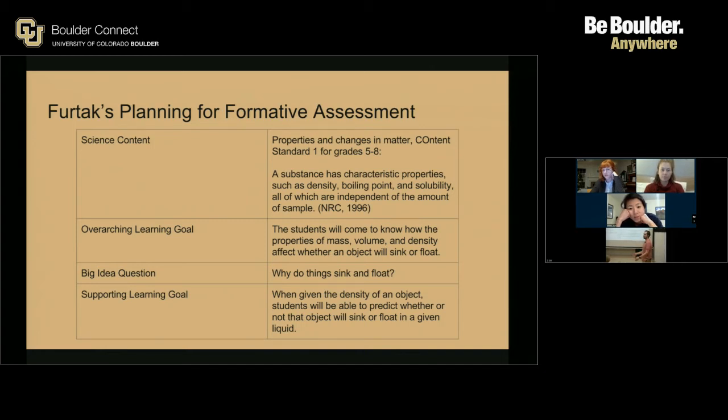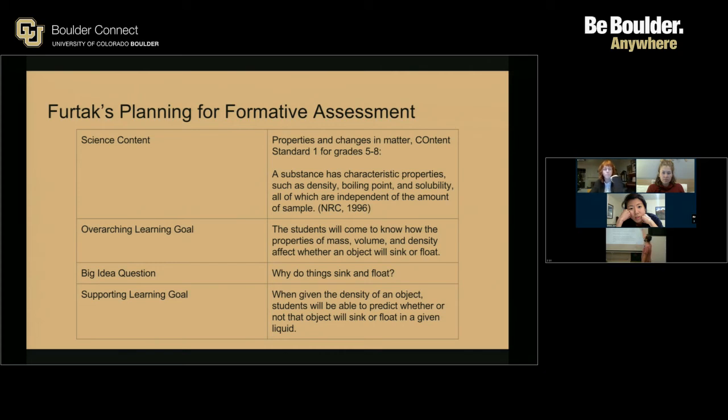Everybody probably read the FurTalk piece, but they do a nice job of showing how to break down a big standard into a learning goal and a question, and supporting learning goals. Unfortunately, all of them are in science, not mathematics. But in this standard, the standard is talking about different characteristic properties of materials, and the big idea question is talking about things sinking and floating, which is truly related to density.